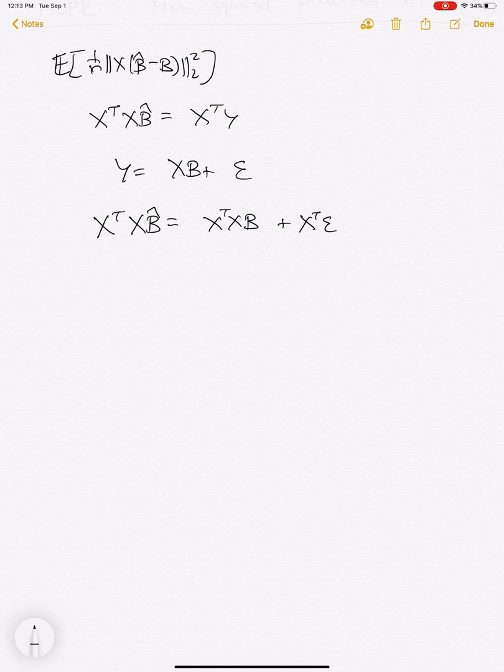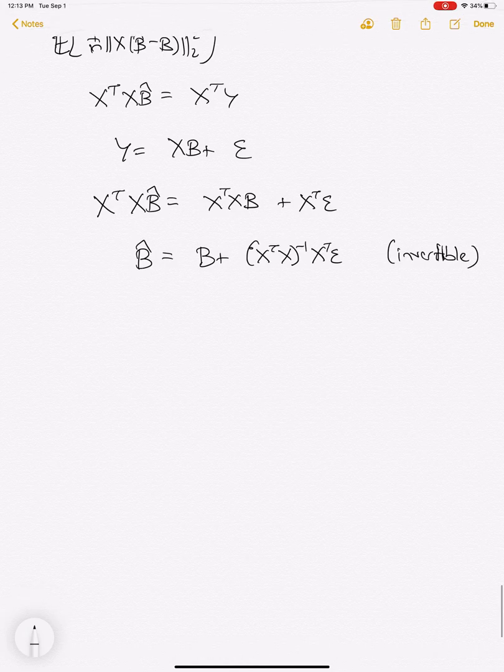And once again, if we invert the expression, we're assuming invertibility here.